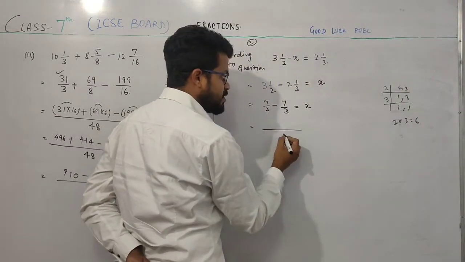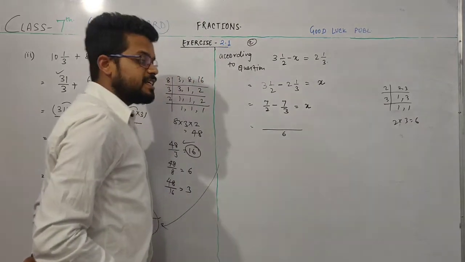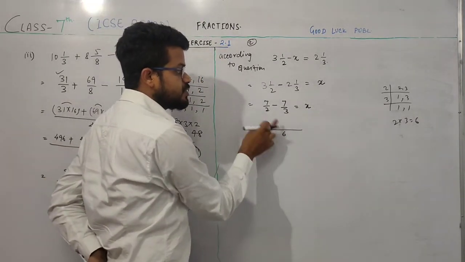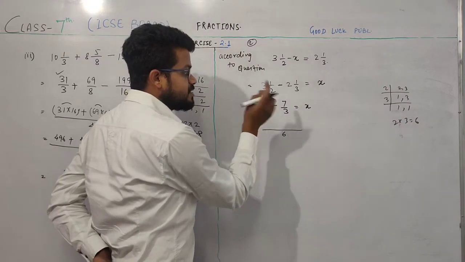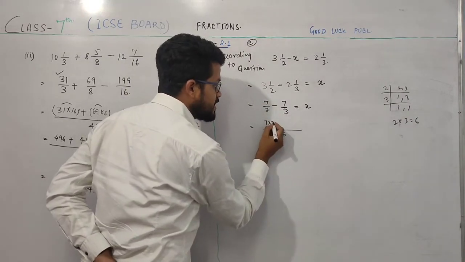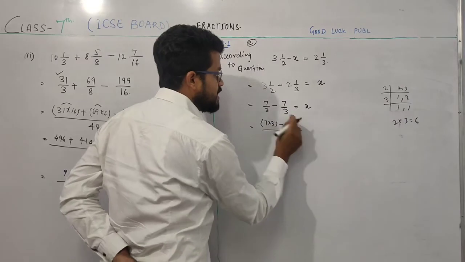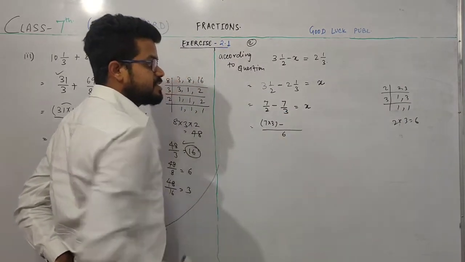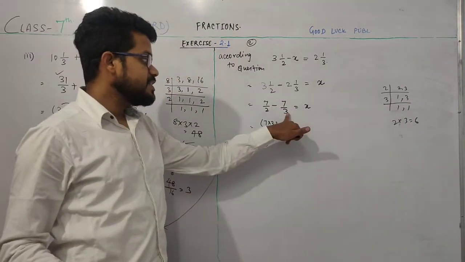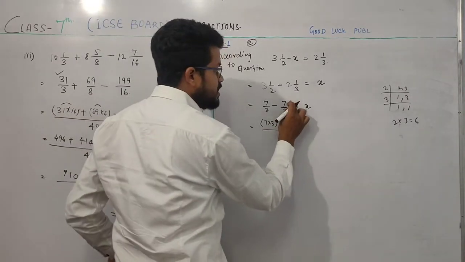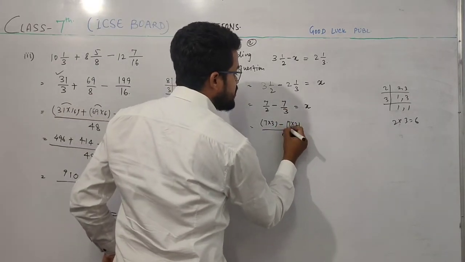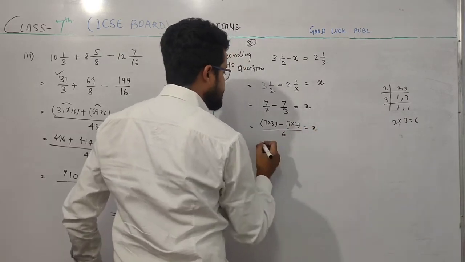I draw a horizontal line and write 6 here. Divide 6 by 2, I get 3, and I multiply this 3 with 7, so I write 7 into 3, minus. Again, 6 divided by 3 is 2, so I multiply this 2 with 7, so 7 into 2, is equal to x.